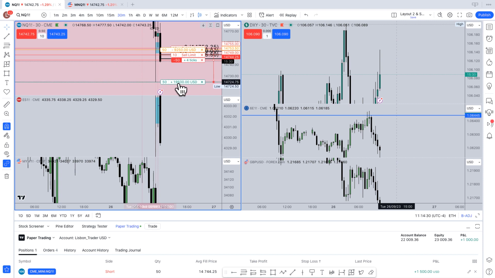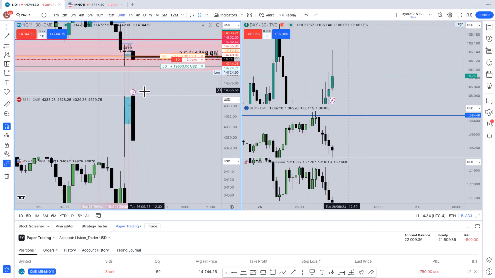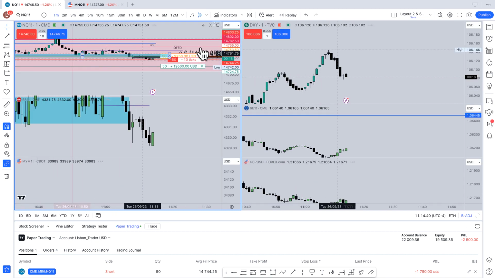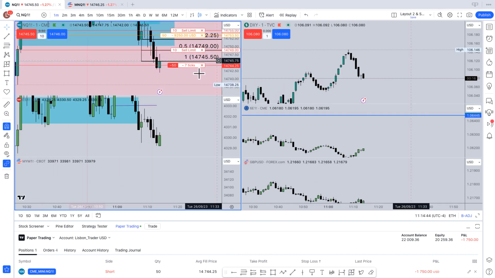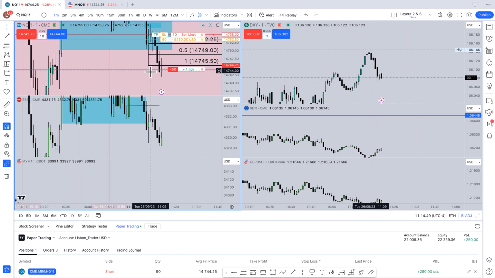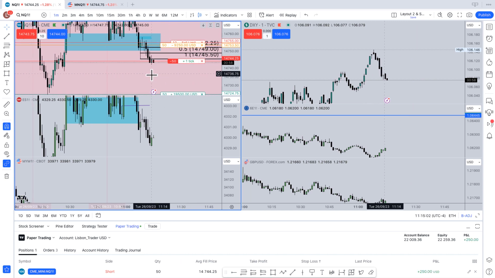Wants to revisit these lows and keep on going. So we had here immediate rebalance, went lower, touched lower, came back, and is pushing lower now.